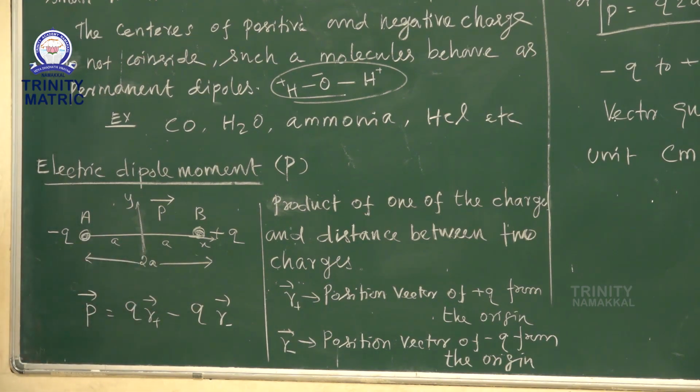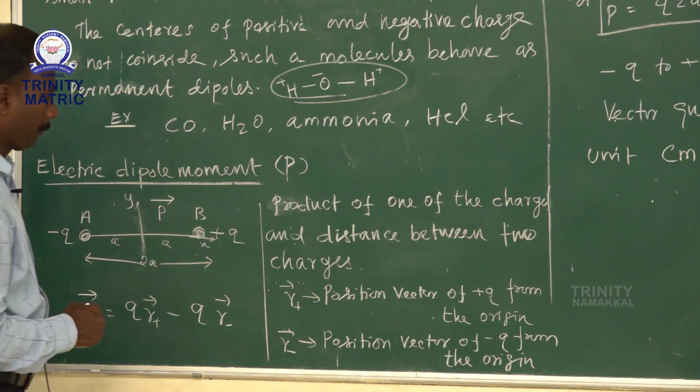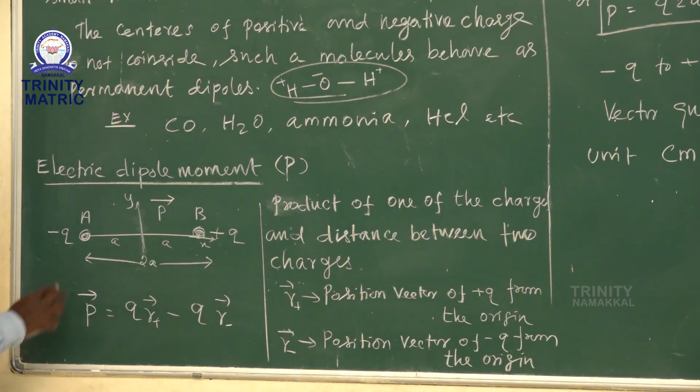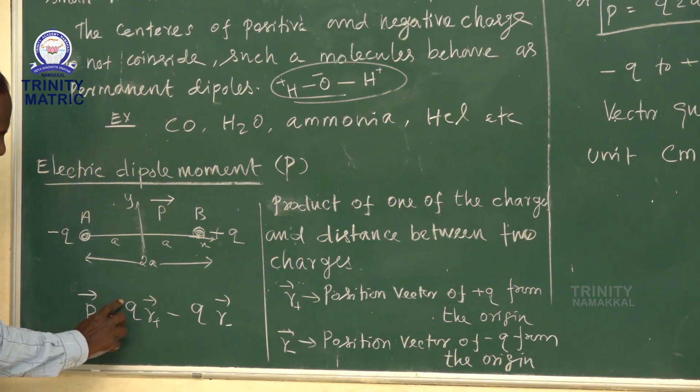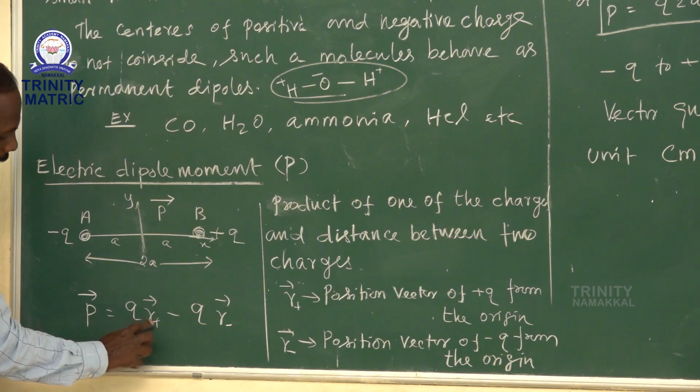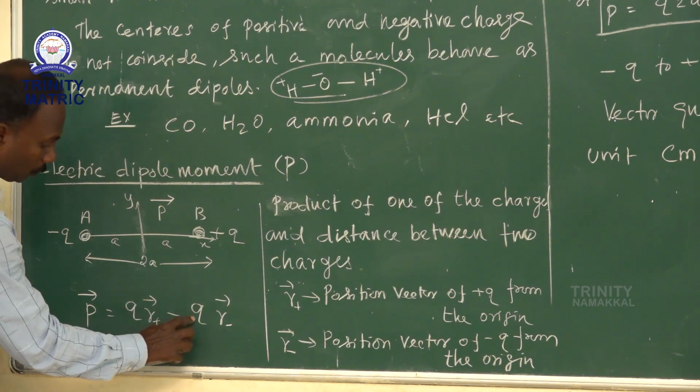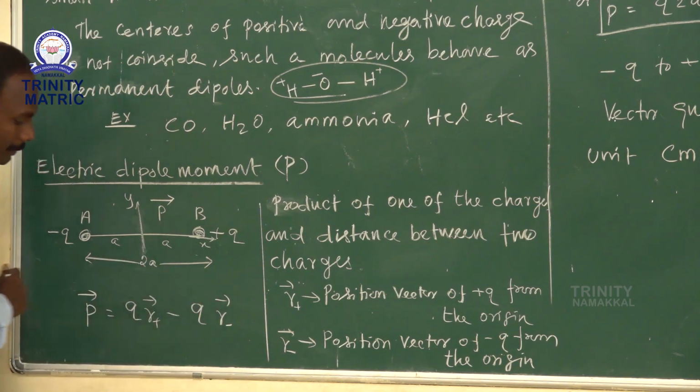This is called the dipole moment. The positive charge is always at a higher electric potential than the negative charge. So the electric dipole moment P is equal to q r plus vector minus q r minus vector.